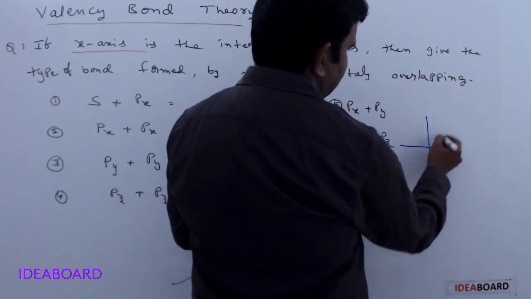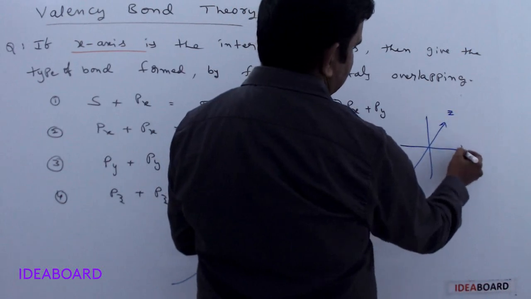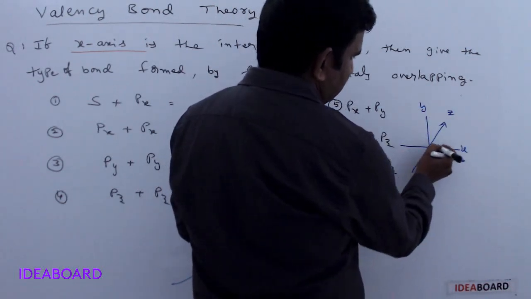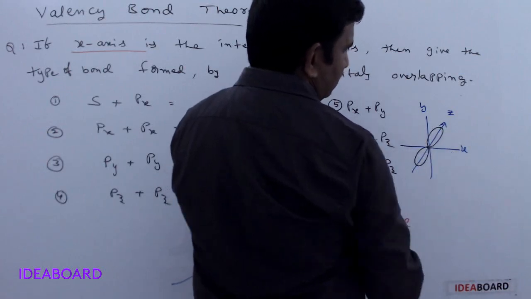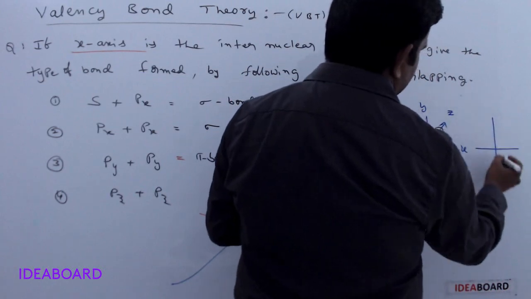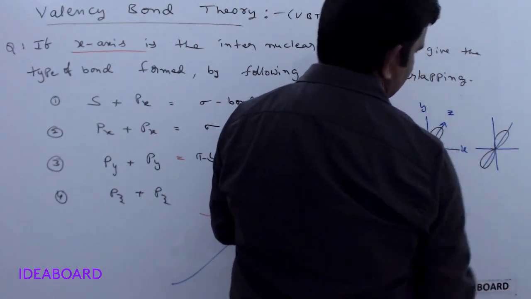The orbital is present in the z-axis direction, and suppose another atom is there, here also x, y, z, and the orbital is present along the z-axis only.